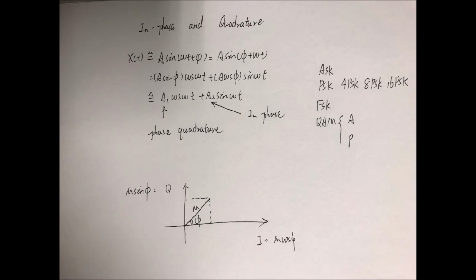Because cosine phi and sine phi have a pi over 2 phase difference, we call this one in phase. We call this one phase quadrature.